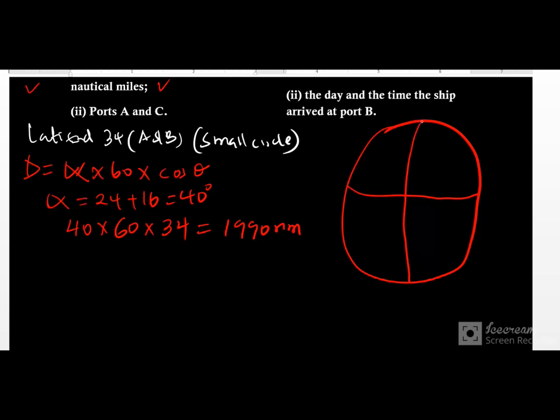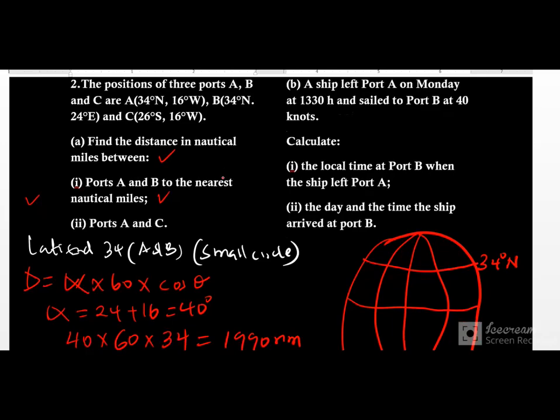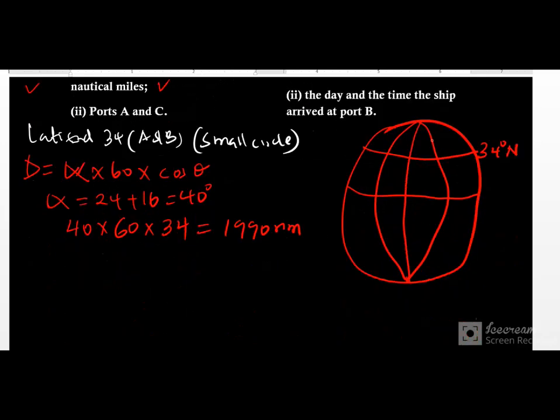So we have one on the west, another on the east, and they are on 34 north. This one is 24 degrees east, and this one is 16 west.